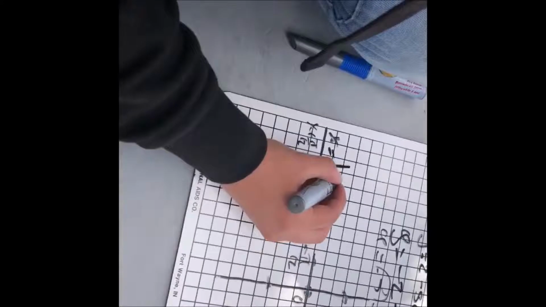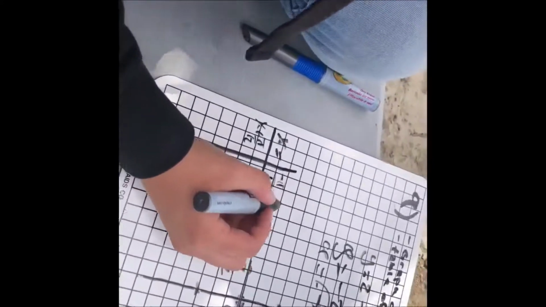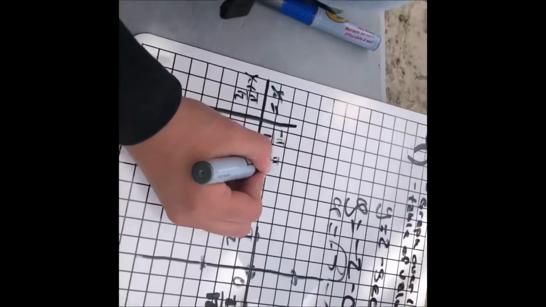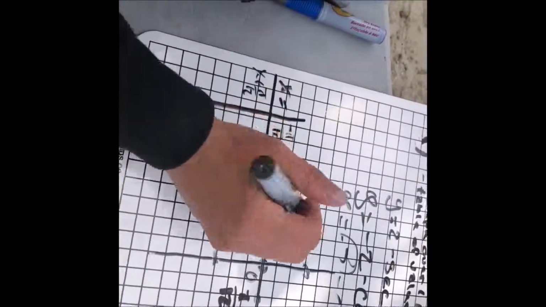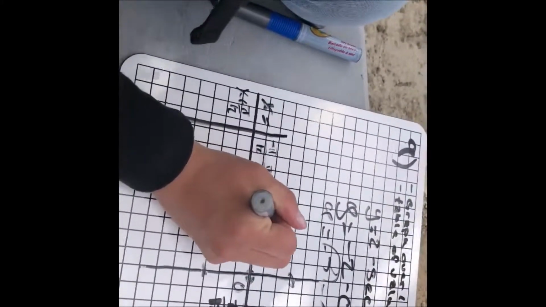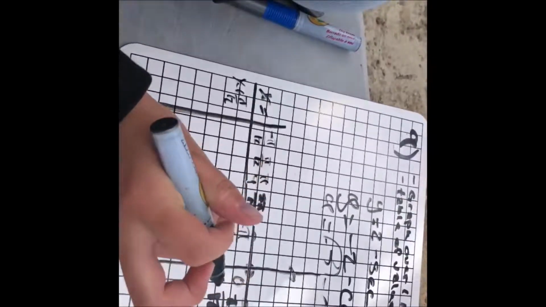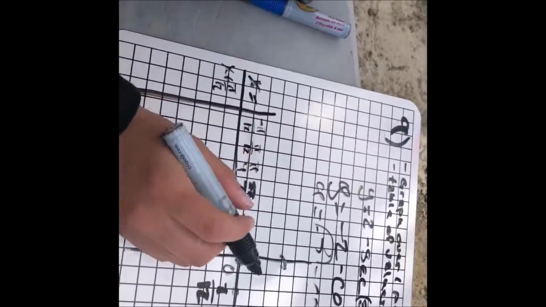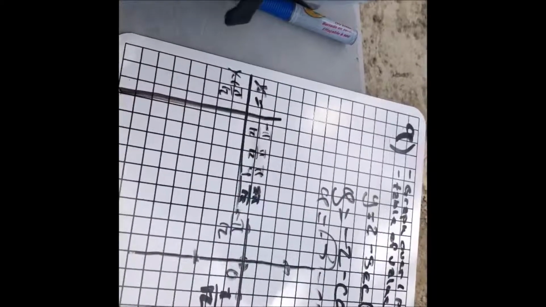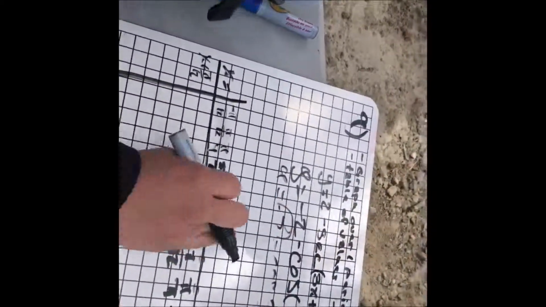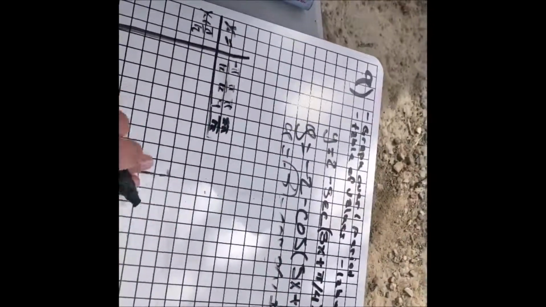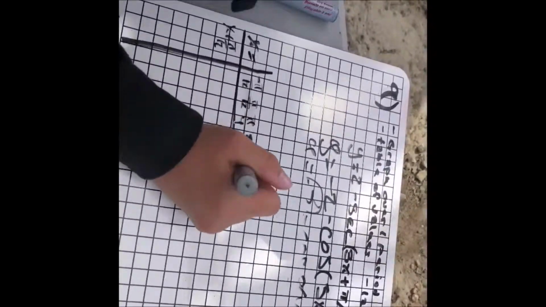So we put negative pi over 12, and then we get pi over 12, pi over 4, 5 pi over 12. I need more room. And then we'll move this over. 7 pi over 12 will be over there.